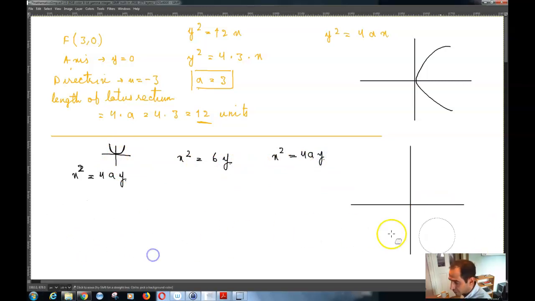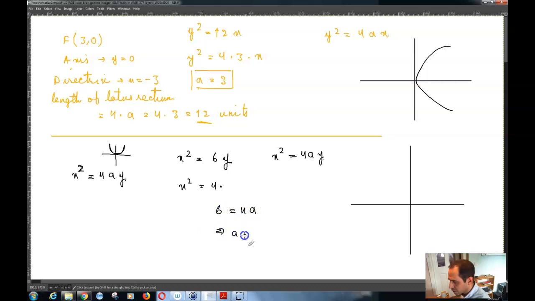So that means that if I write this parabola as, for example, x squared is equal to 4 times a, in order to calculate your a, you see that over here 6 is equal to 4a.